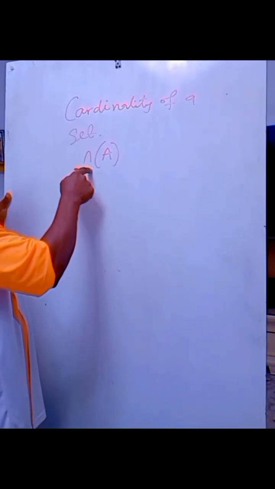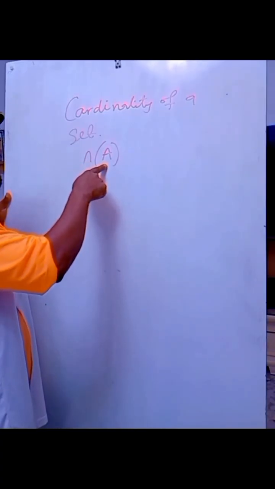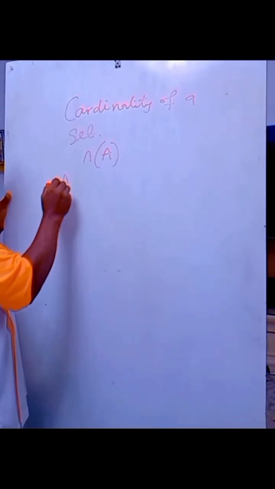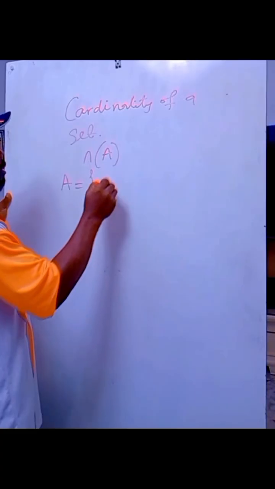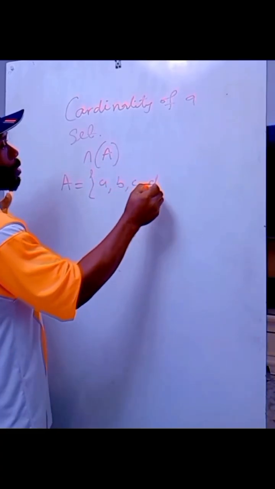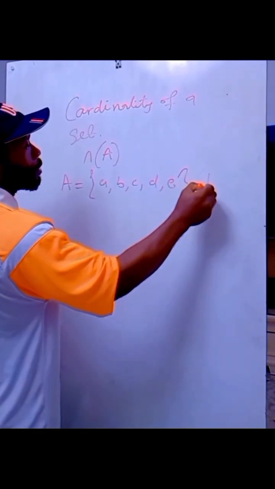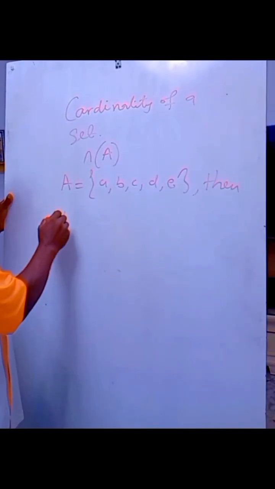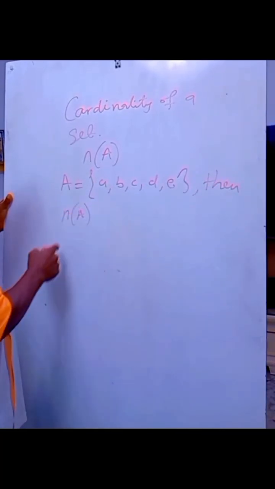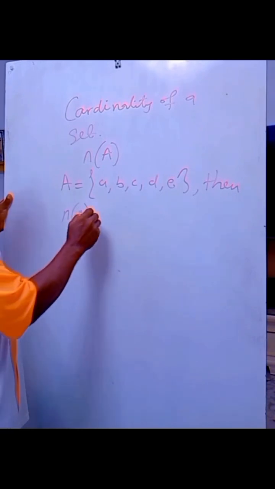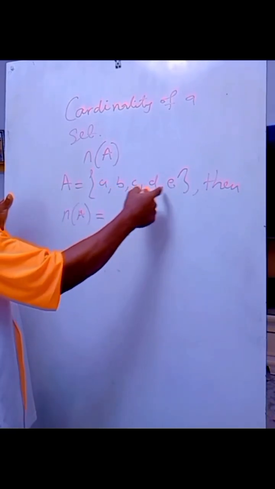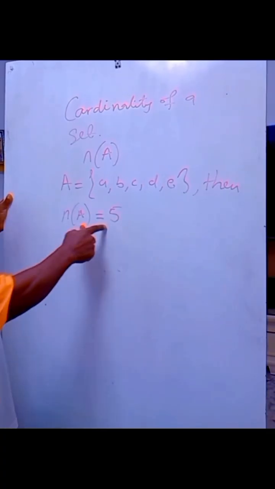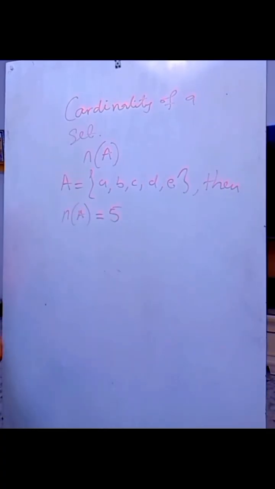That means the number of elements in set A. So for example, if set A is equal to A, B, C, D, and E, then the cardinality of set A, which is the number of elements in set A, is equal to 1, 2, 3, 4, 5, which is 5. The number of elements in set A is 5. That's the cardinality of the set.